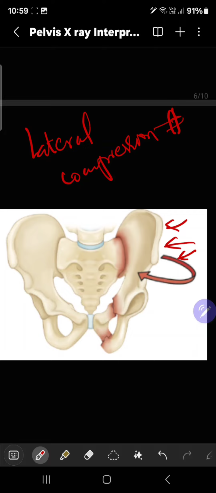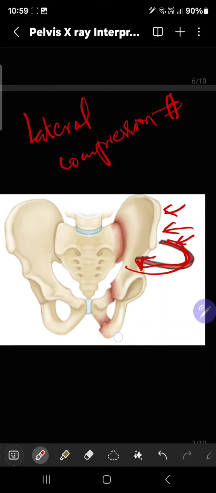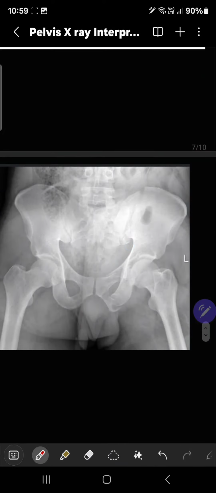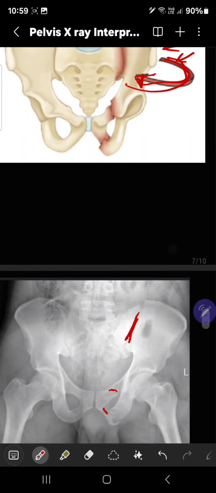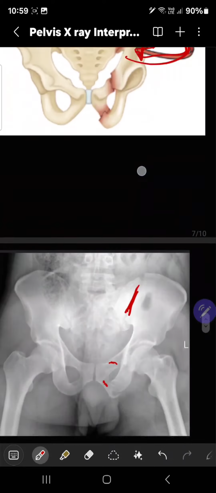This part of the pelvis will be rotated inwards, as you can see in this direction. Therefore, you can see in the X-ray there is a fracture line here, and a superior and inferior ramus fracture is also there. This is the typical presentation of the lateral compression fracture.